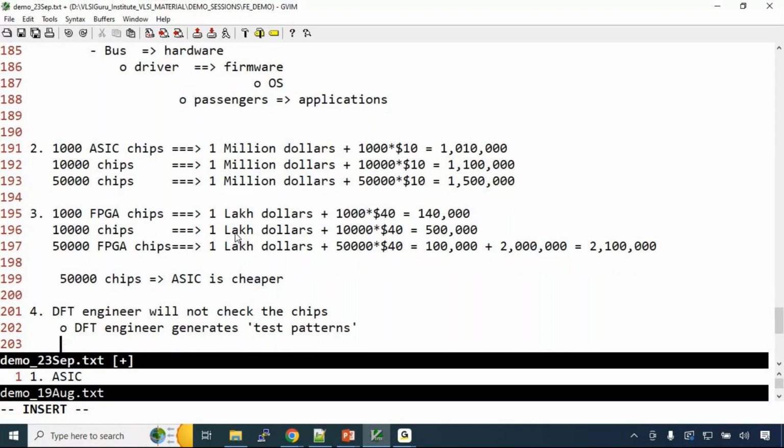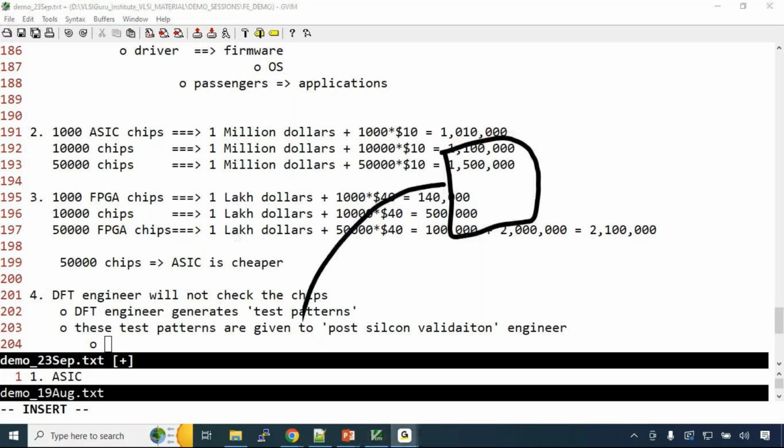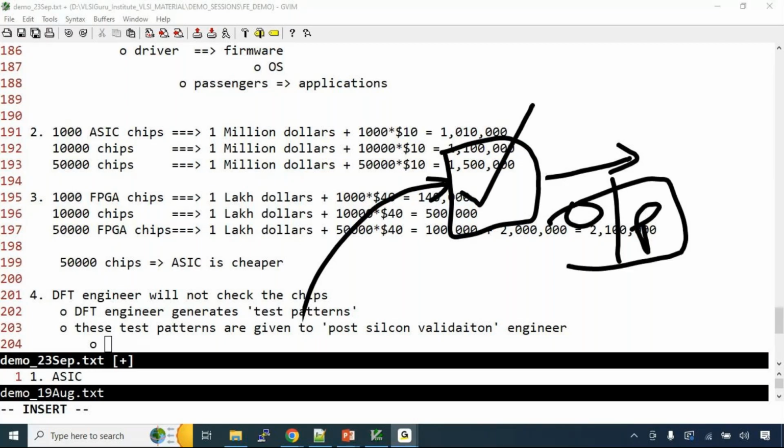These test patterns are given to the post silicon validation engineer. Given to whom? Post silicon validation engineer. He will apply them. I told you, right? You take a chip, you apply these patterns, you get an output. That output will tell whether this chip is good or bad.